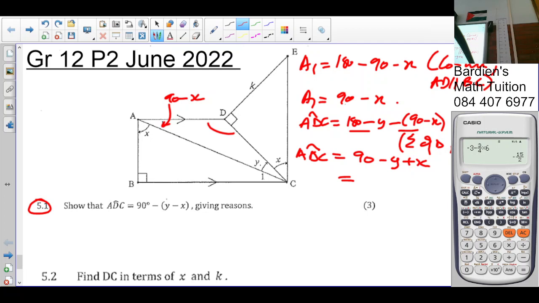As you see, they wanted the y and the x in the bracket. Take out negative as a common factor. And then they have what they are looking for, which is of course 90 minus x minus y. Now y minus x, other way around.